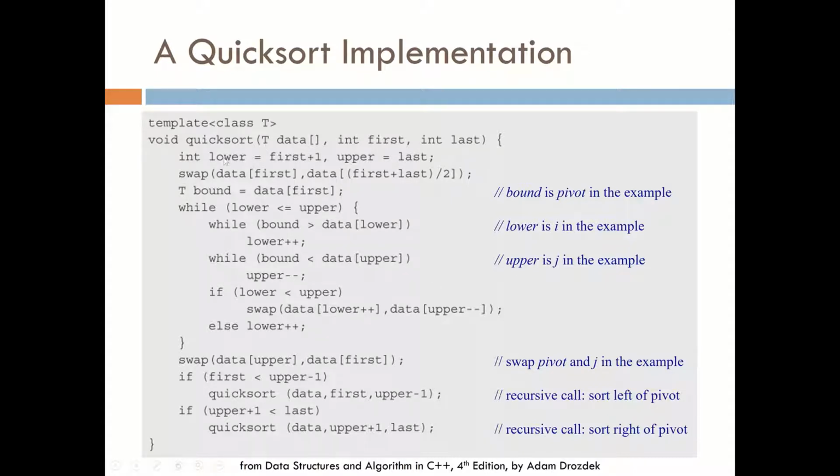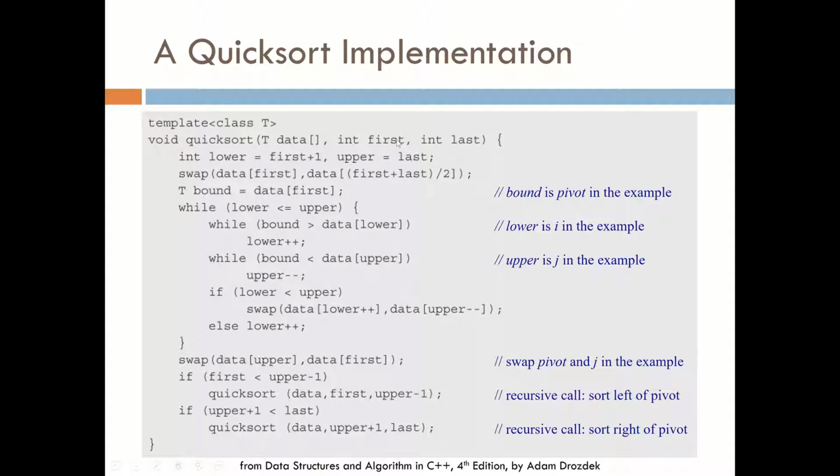So the lower index is called lower, and it's 1 to the right of the first element. So what comes into this function is the actual data. This is a template. It's a function template. So it's the data array and then 2 indices. Okay, the first index and the last index.